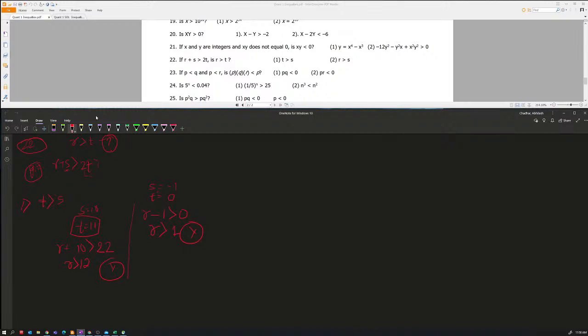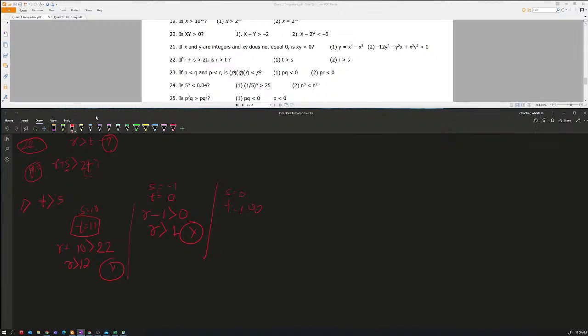Now to get a no answer, we have to have a value of 2t that is very much larger. So let's take two values where s and t are very far apart. Let's take t equal to 100 and s equal to 0.